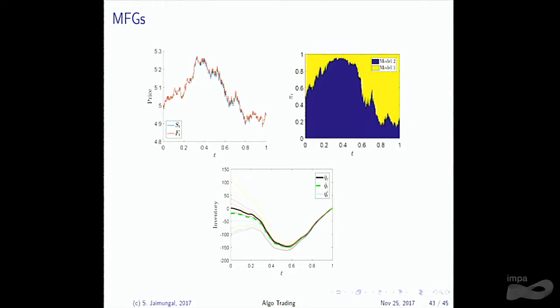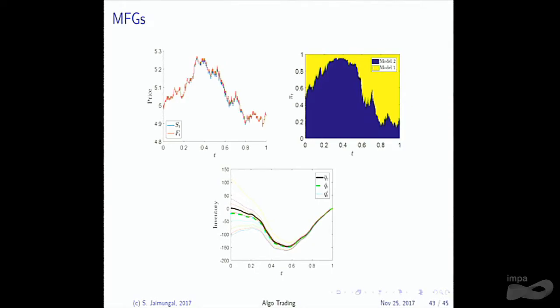And here we have 10 agents trading, and this is their inventory, and you can see they're moving around in a stochastic manner, adapting themselves to what they believe the price is going to be doing, and they eventually converge to the mean field. The difference between the dotted line and the black line is that the black line is the mean field, the dotted line is the empirical average.